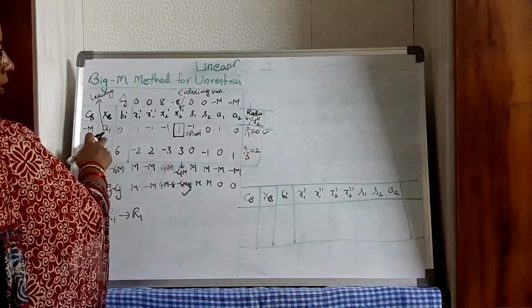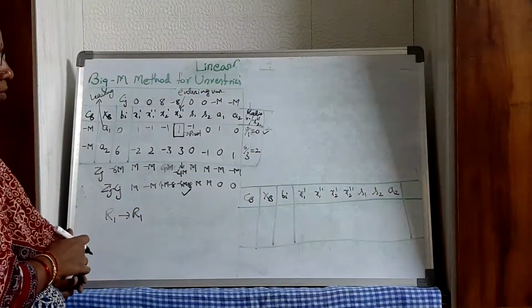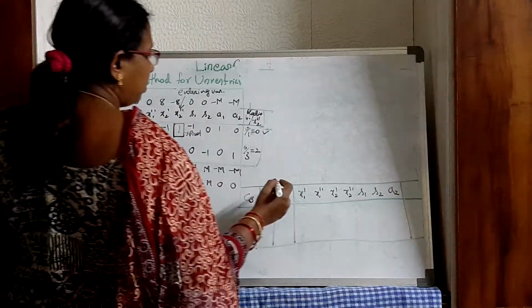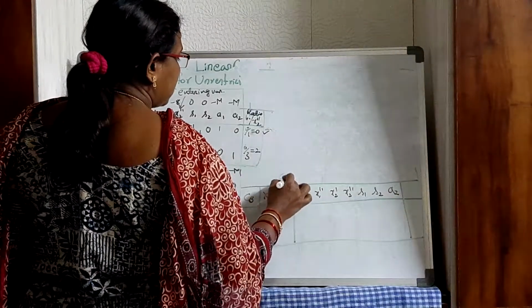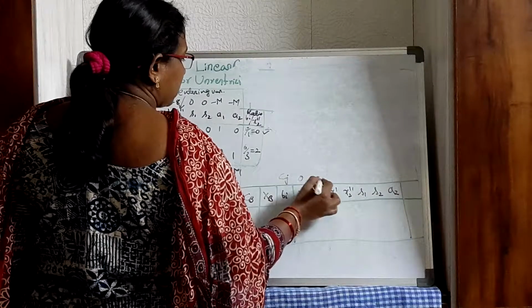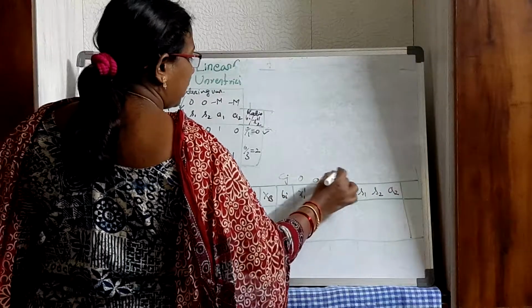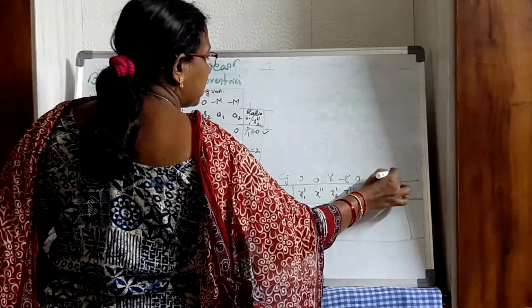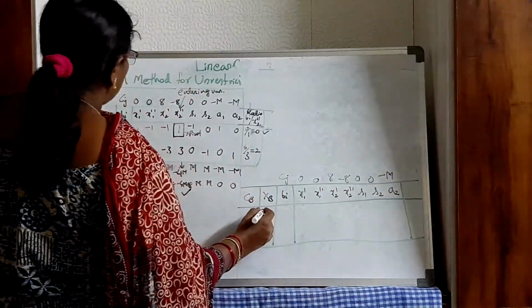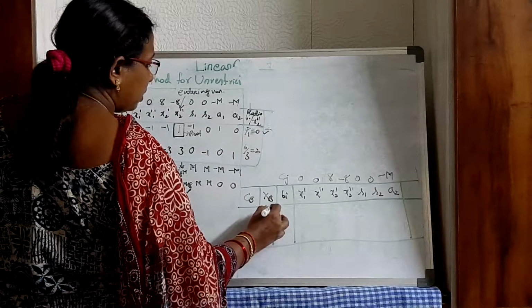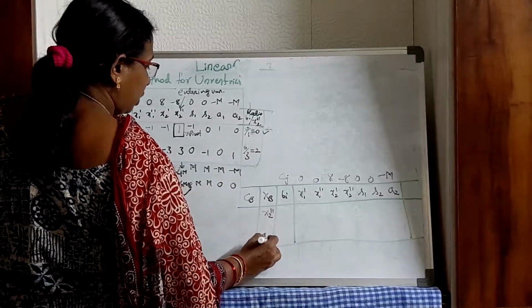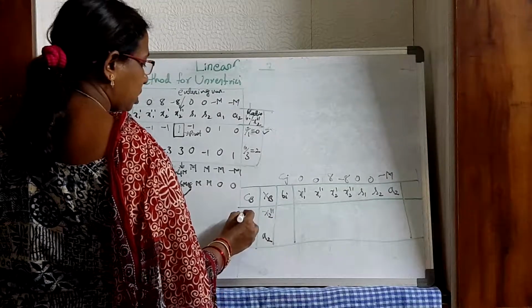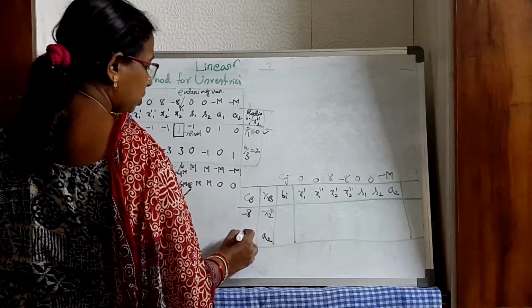Because A1 is leaving, no need to write A1 in the next table because it has left. Here you will have Cj. For X1', X1'' it is 0, this is 8, this is minus 8, 0, 0, minus m. Now the basic variable is X2'' and here you have A2. So X2'' cost is minus 8, A2 cost is minus m.